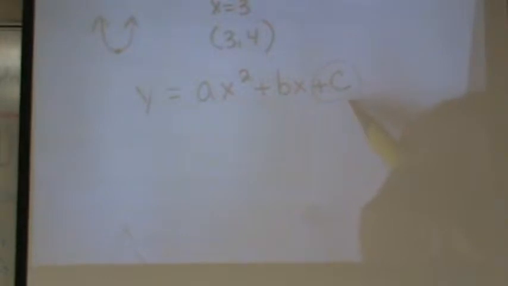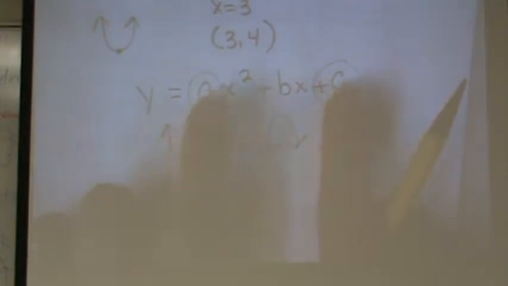This is the number where it's going to cross the y-axis, and the a value, just like up here, if a is positive, it's going to be a U-shaped figure, and if a is negative, it's going to be upside down. Okay, so with standard form, these are the two nice things about it.